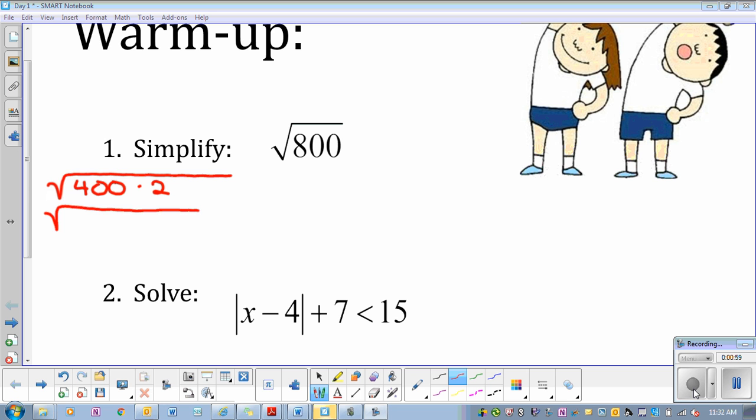So with 400 times 2, okay, that 2 is a prime number, so I'm just going to bring down the 2, right? Okay. Now I need to break down this 400. This 400 breaks down to what times what? Okay, all right, 2 times 200. Sure, we could do that.